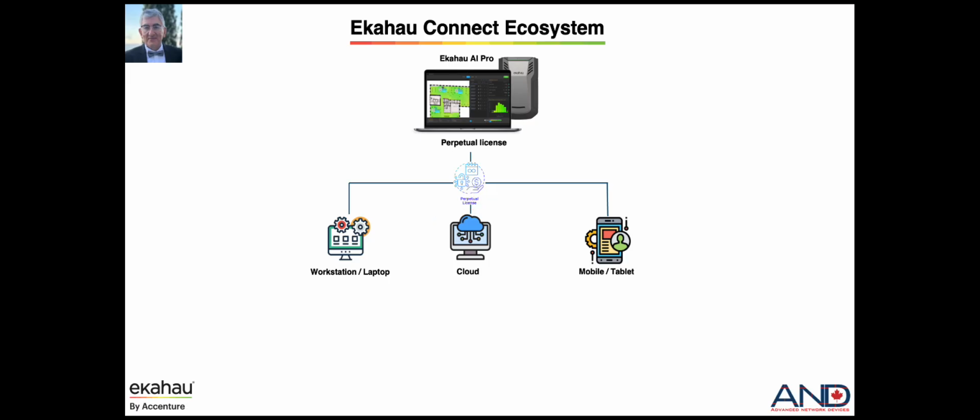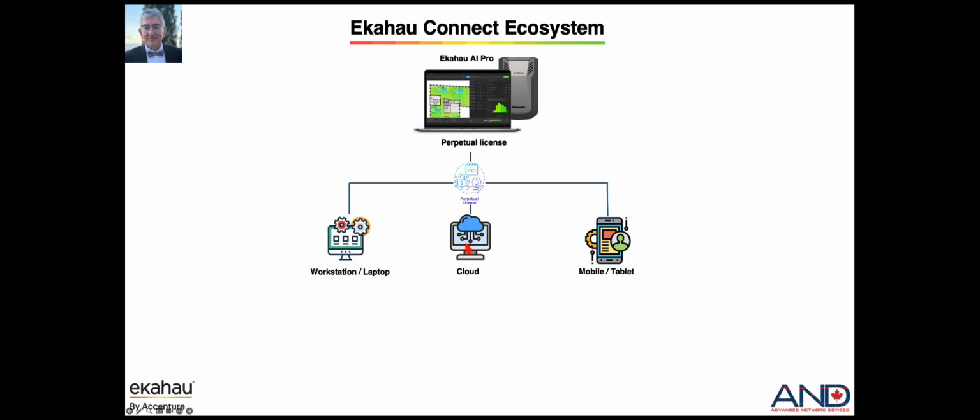The next thing that we need to realize is that it is a device independent and operating system independent platform. It can work on a workstation or a laptop. It can be Mac or Windows platform.